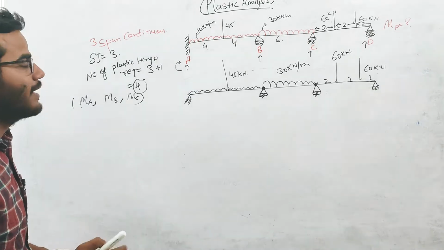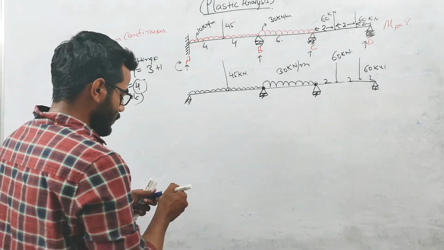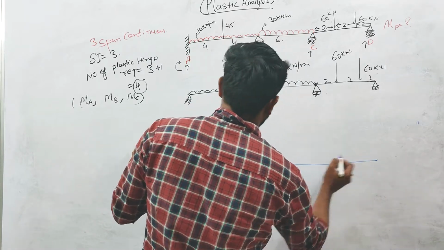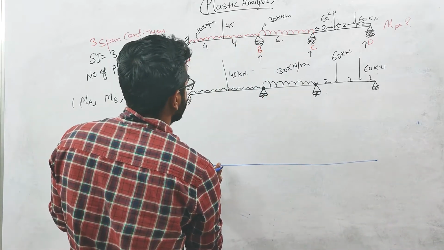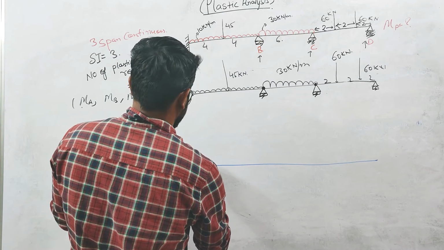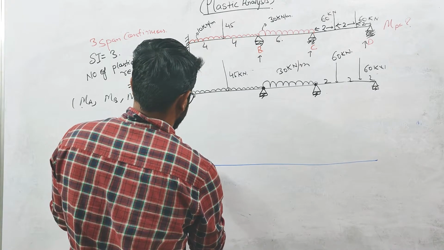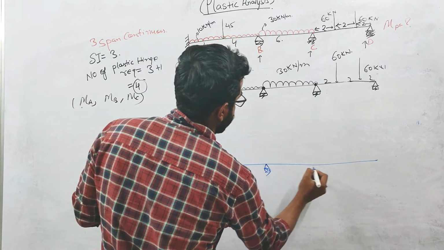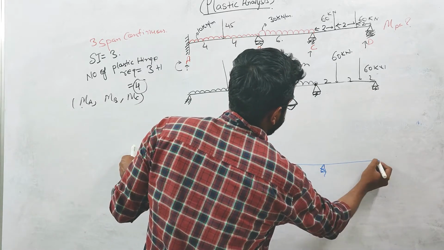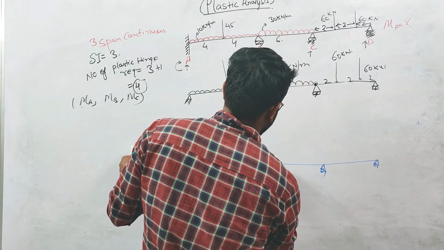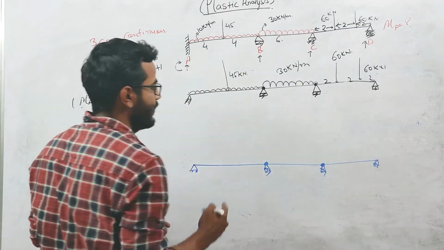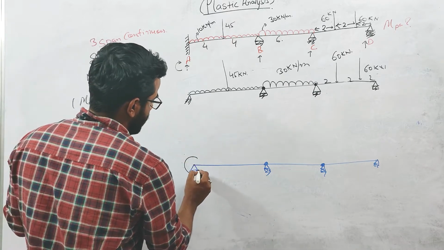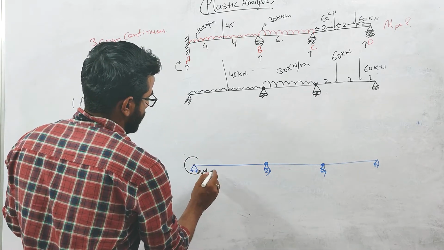Now we'll be applying the redundant forces. So this will be our case 2. There will be an internal hinge because we have released the redundant force, and we will be applying the moment in this direction, this MA.